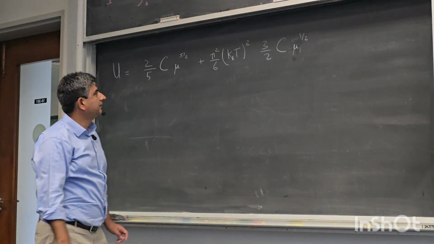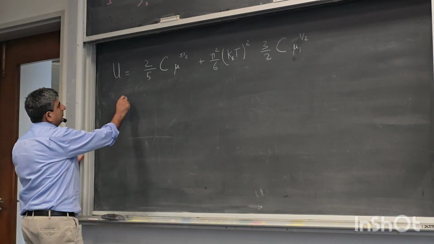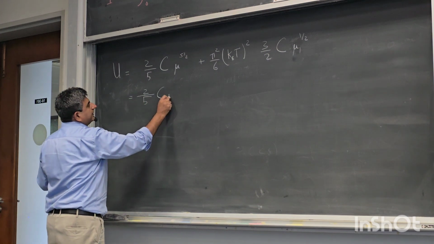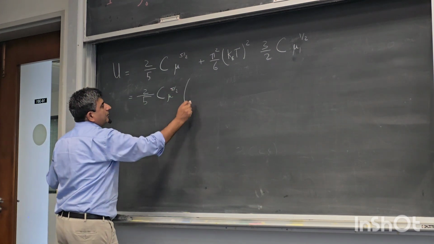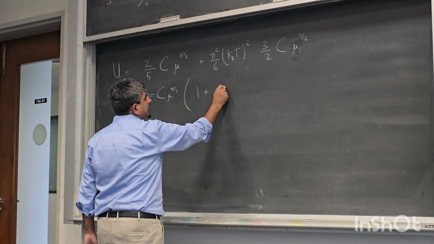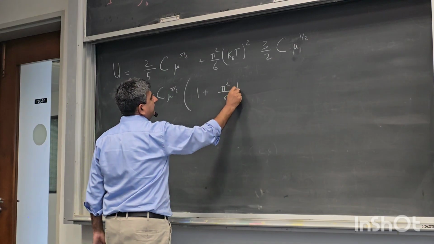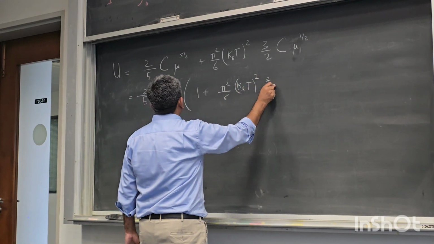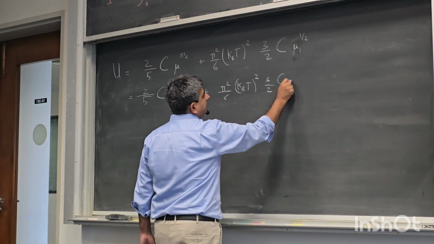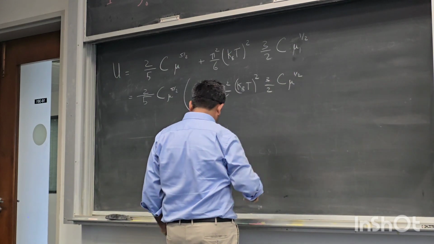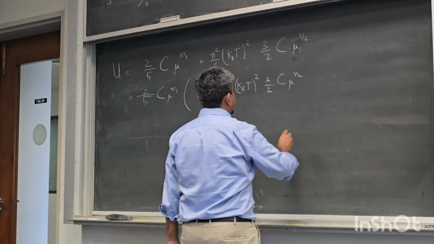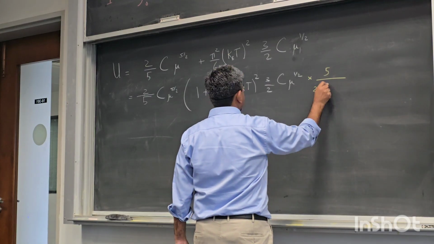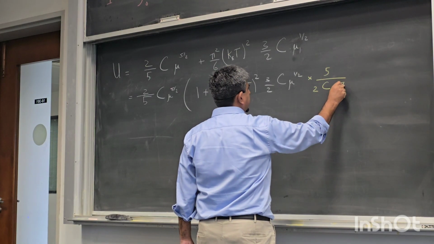Okay, so I would like to take this common: 1 plus pi square by 6 kB T whole square, 3 by 2 C mu to the 1/2 multiplied by 5 over 2 C mu to the 5 by 2.